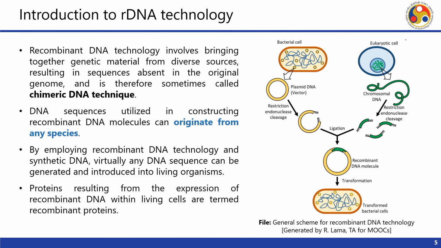Now on the other hand, let us take an example of a eukaryotic cell which also has DNA, but this is the nuclear DNA, and that we call chromosomal DNA. Now both these vector DNA and chromosomal DNA are subjected to restriction digestion with the help of restriction endonuclease.